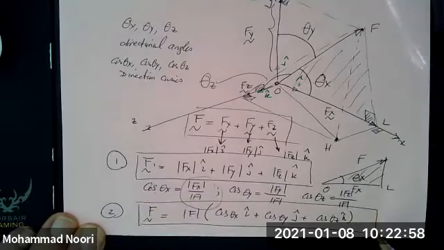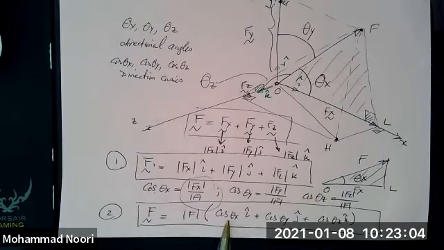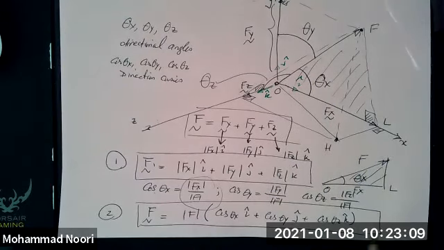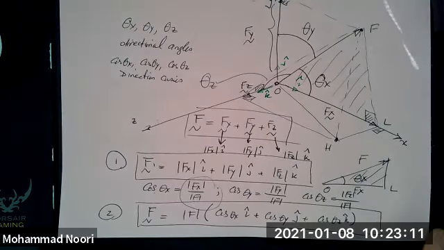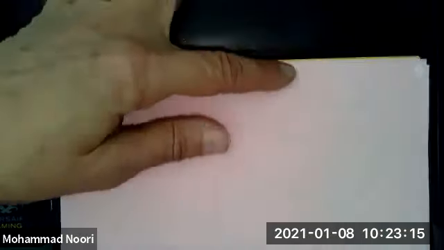So if you have the components of the force, you can use this equation. If you have the angles that the force makes with those axes, you can use this equation to describe the force.